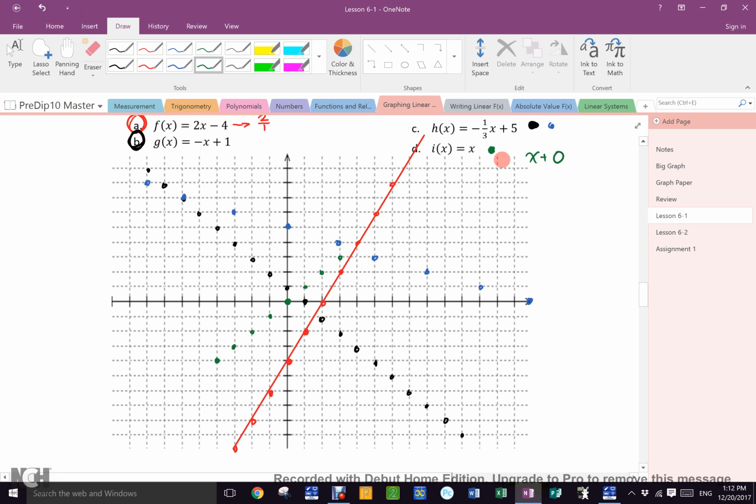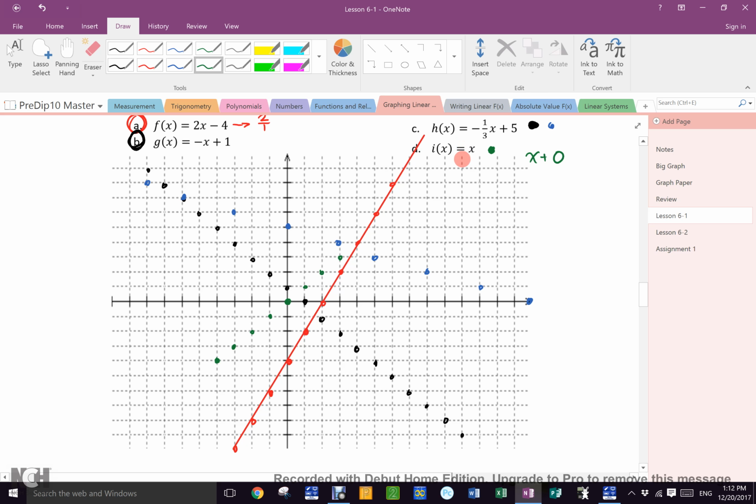Because what number is not there? 0. And the number that multiplies x is my slope, right? So what number, when I'm multiplying, do I not write? No. If I don't write 0 and I try to multiply 1, that's why the slope is 1.